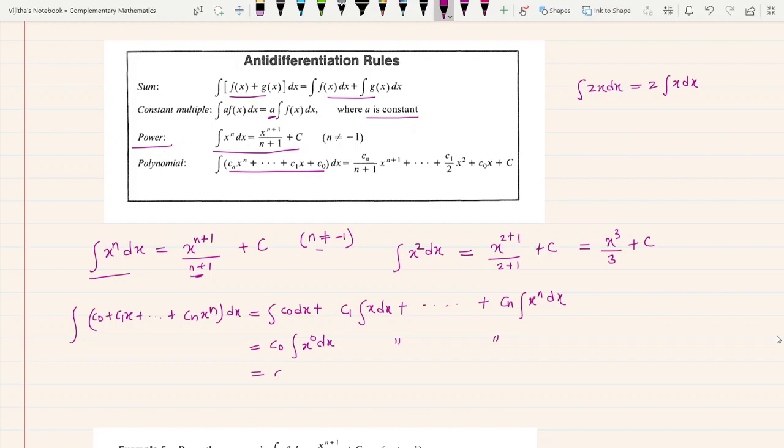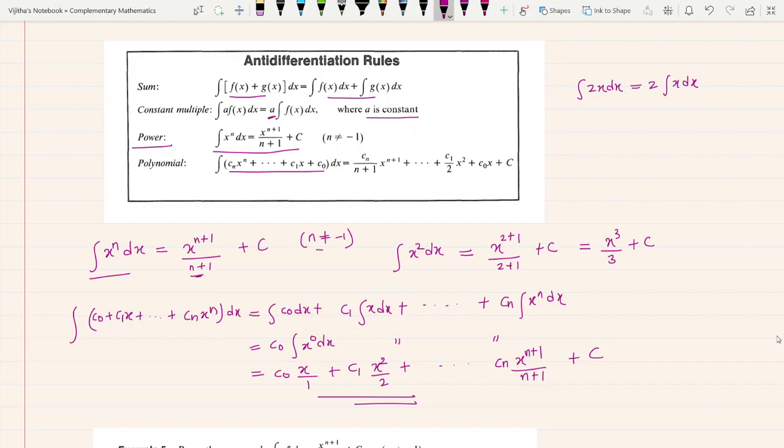Now here, x raised to 0. If you apply the power rule, you will get x divided by 1, plus c1 integral x. Apply the power rule, so x raised to 1 plus 1, so x square by 2, plus etc. The last term, cn integral x raised to n, by the power rule is x raised to n plus 1 by n plus 1 plus c.